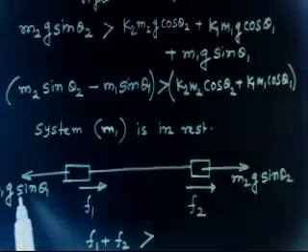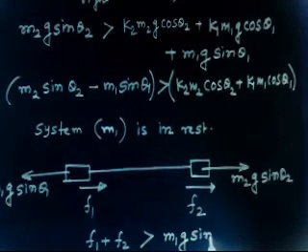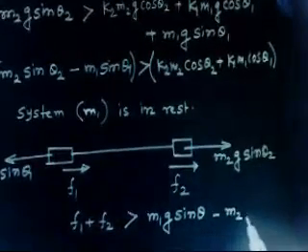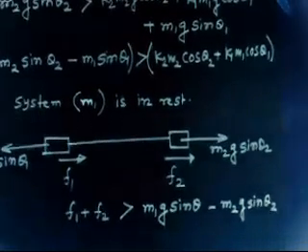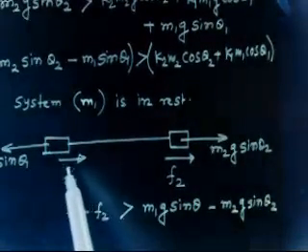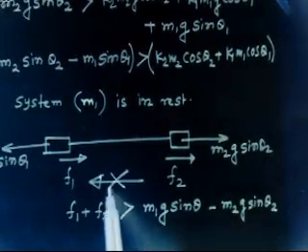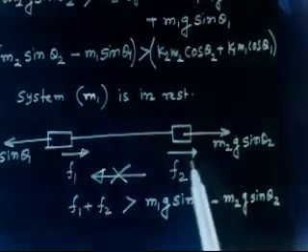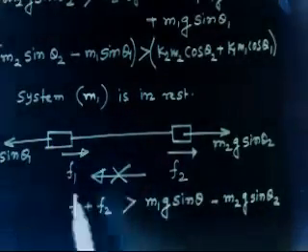This should be greater than m1g sin theta 1 minus, this is the force acting in this direction, so m1g sin theta 1 minus m2g sin theta 2. So this should be the condition so that this system will not move in this direction. If the friction force in this direction is just greater than the driving force in this direction, the system will not move in this direction.